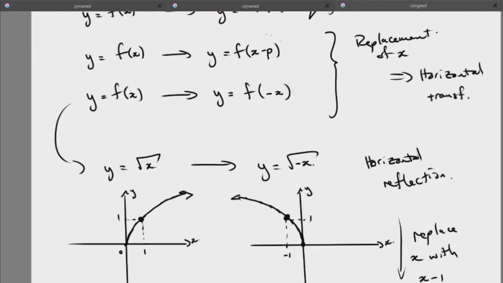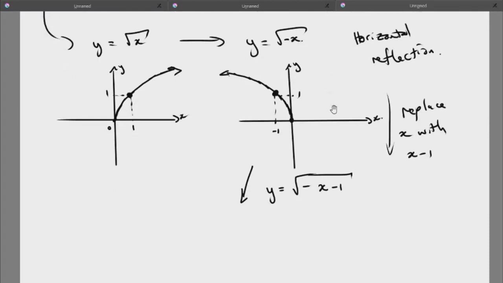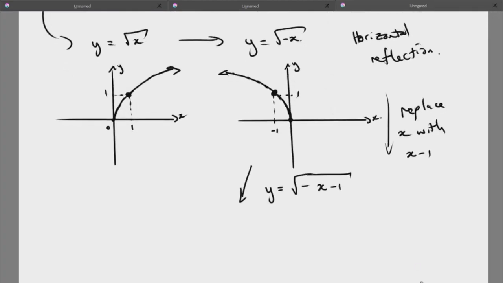This is the function transformation I want to do. Is that what I get? Did I do it right? Is that the function that I get if from the top one I replace x with x minus 1? Let's suppose that's what I want to do. Is that the function that does that?